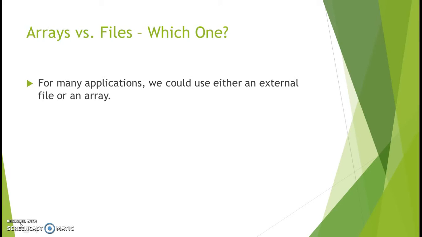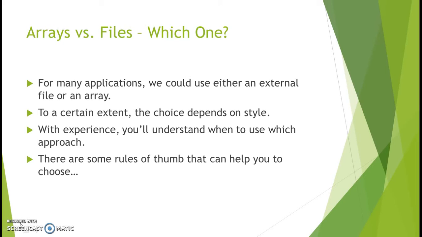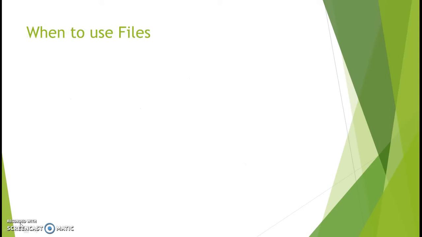For many applications, you could use an external file or an array to contain a given list. But for given applications, there will generally be a more logical choice. And as you get more experience with coding, you'll start to get a good feel for which ones are which. Here are some rules of thumb that might help you choose for now.